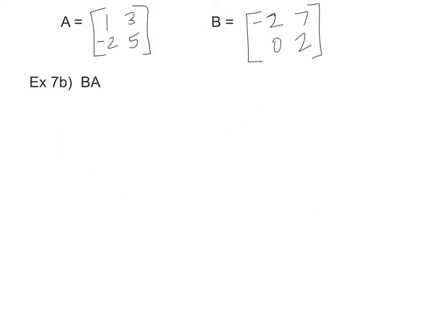Okay, with this B times A, now when you go to set this up, I like to rewrite it in the order that I'm given because remember these are not commutative and my feeble little brain can't switch that stuff back and forth. So if I'm given this A times B, I'm actually going to write out my B first of negative 2, 7, 0, 2 times my A matrix here, which is going to end up being 1, 3, negative 2, 5.